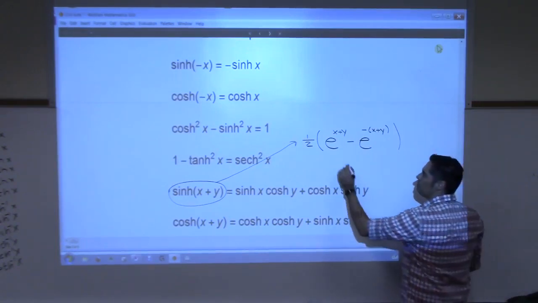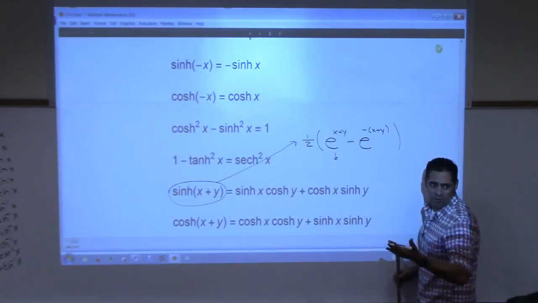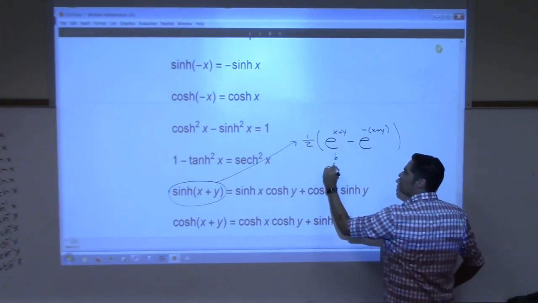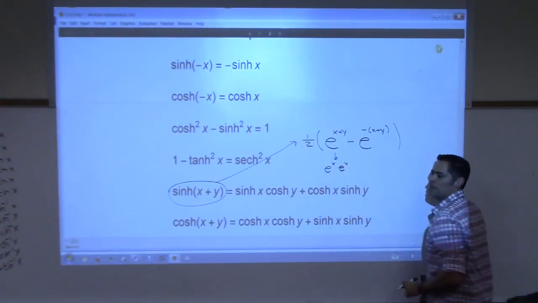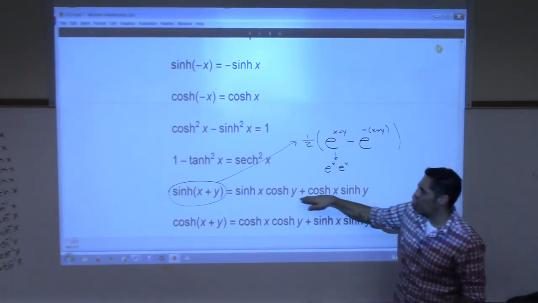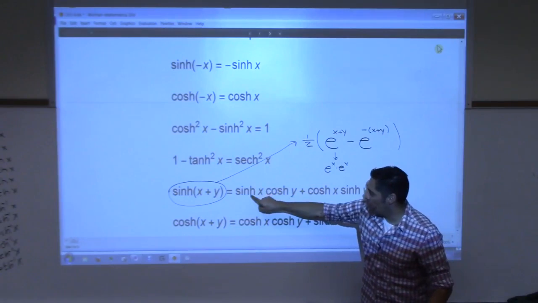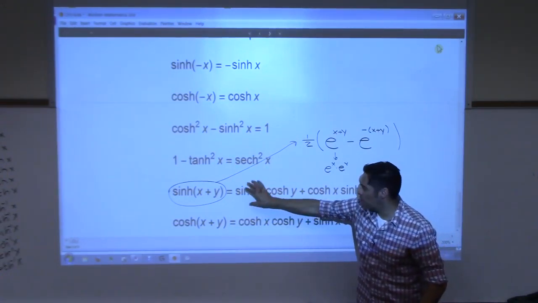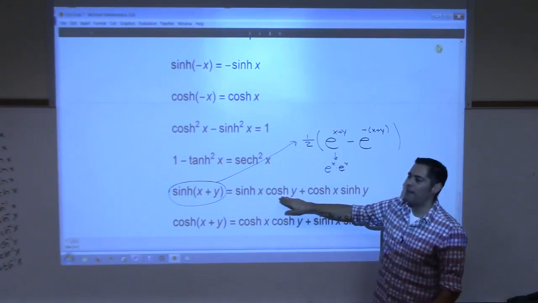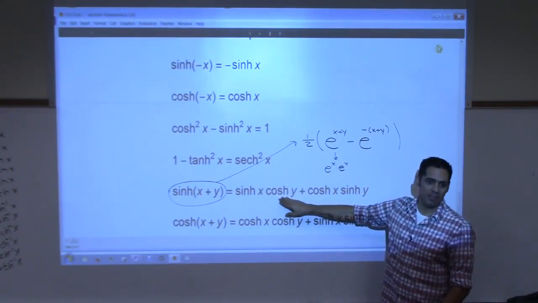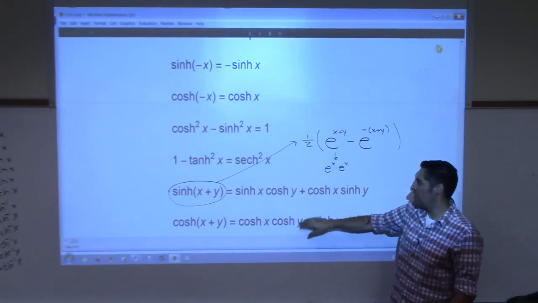And then you got to keep working with this. My hint to you is obviously I do it in the homework solutions, so you're going to see how this is done. But I'll just remind you, that's the same as e to the x times e to the y, isn't it? And so I promise you, if you start working with this side now, that means rewrite this one as 1/2 e to the x minus e to the negative x in parentheses times 1/2 e to the y plus e to the negative y in parentheses plus that.